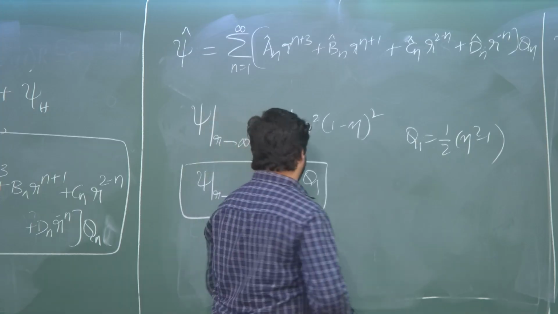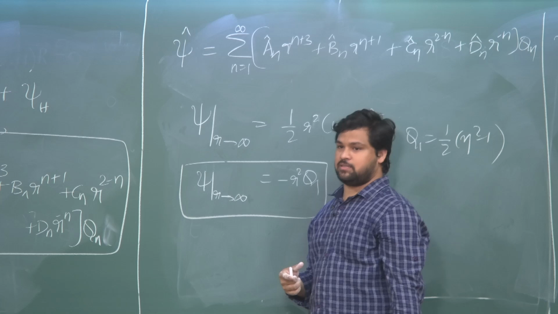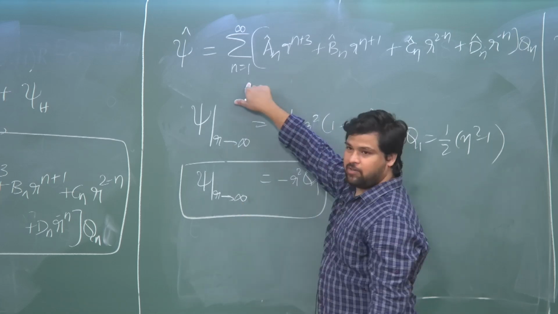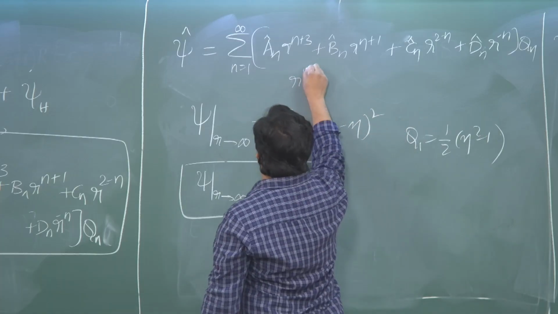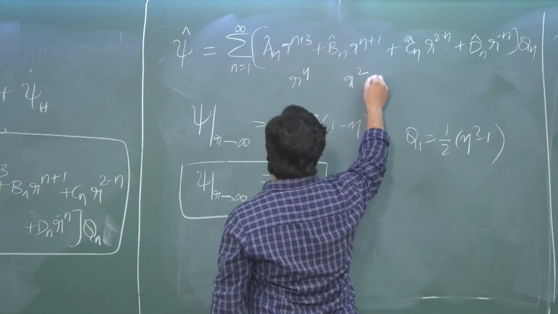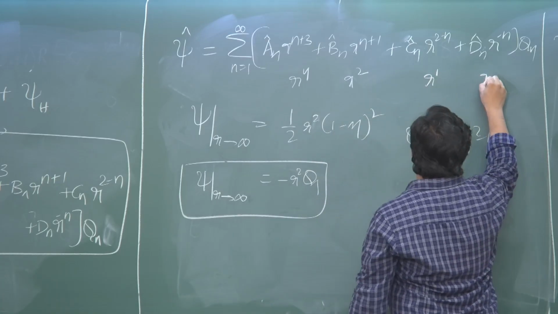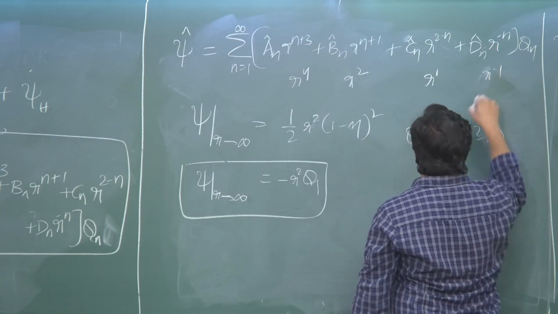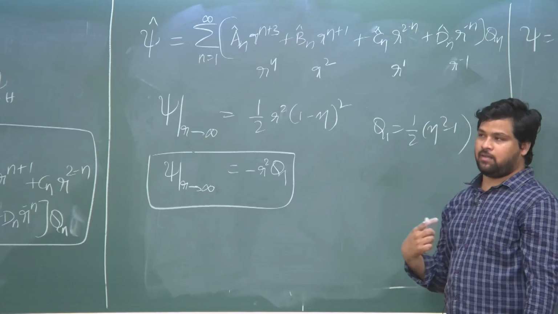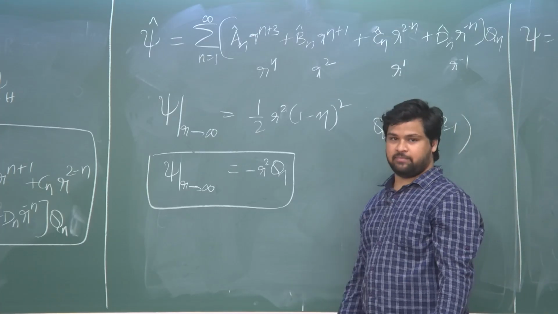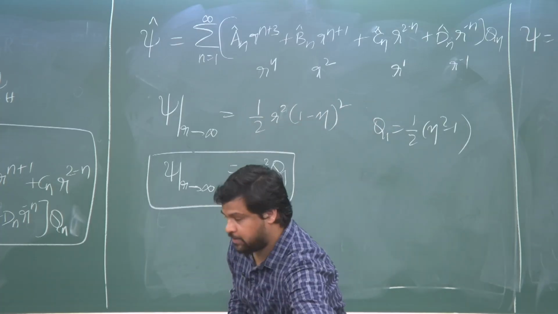Now, if you see, when r tends to infinity, which terms will go to infinity first? If you put n equal to 1, for example, this will be r power 4, this will be r square, this will be r power 1 and this will be r power minus 1. You take a simple example, suppose you put r equal to some 100.